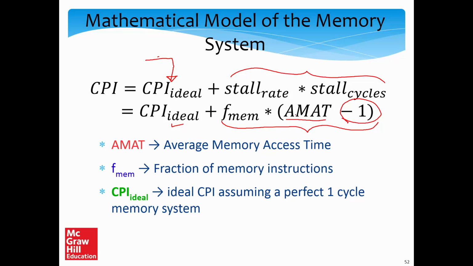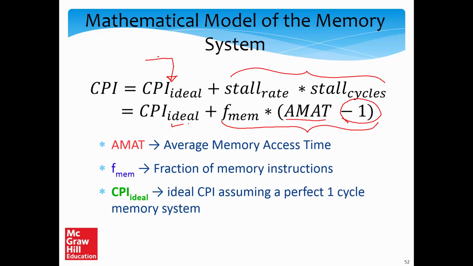If we multiply the average stall cycles per memory instruction with the fraction of memory instructions, we get the average stall cycles per instruction. Then we add it to the CPI. One thing we see is that as the fraction of memory instructions increases, the CPI will increase and the performance will go down. Similarly, if the memory access time increases, the CPI will also increase.